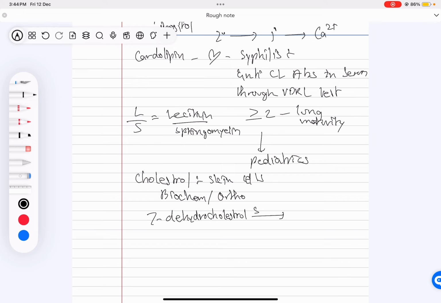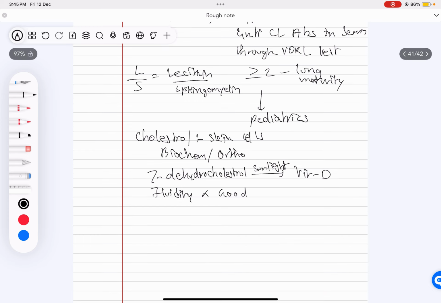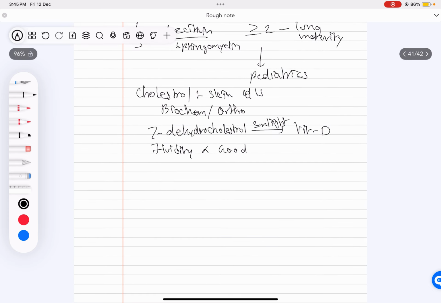When sunlight touches the 7-dehydrocholesterol, it will change into vitamin D. As far as lipids go, the more the fluidity, the better. We will do lipids and cholesterol in biochemistry.